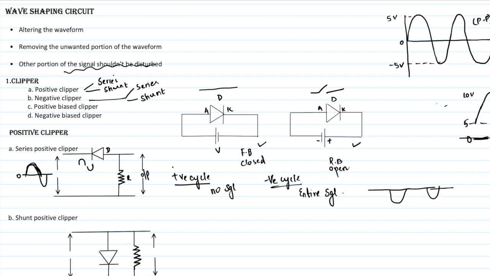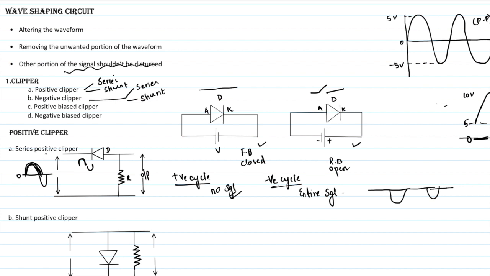So first you will allow the positive signal. Positive signal is connected to cathode, that means second case, the diode is open, so no current will flow through, you will not get the output. For negative cycle, this diode will become closed circuit. When negative is given to cathode, the diode is conducting, so current will flow through the diode and then to the resistor, and you will take that output, so you will get the entire signal.